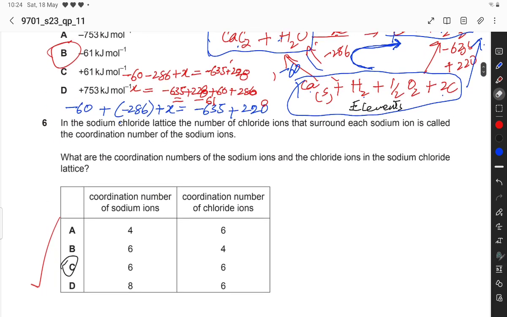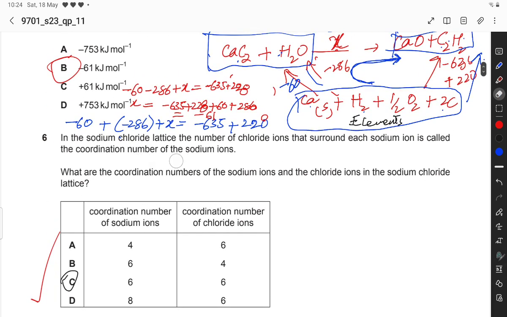Question number 6. In the sodium chloride lattice, the number of chloride ions that surround each sodium ion is called the coordination number of the sodium ion. What are the coordination numbers of the sodium ions and chloride ions in the sodium chloride lattice?